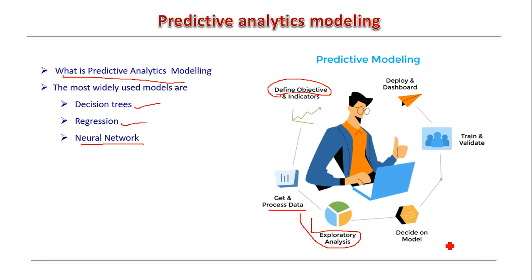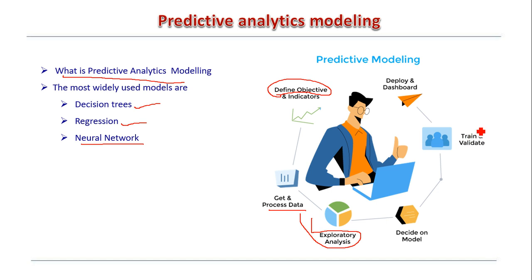Then decide on the model. We need to decide which model is suitable for our objective, for our project. Once we select the model, we have to train it. So we split the data into two parts, feature set and target.